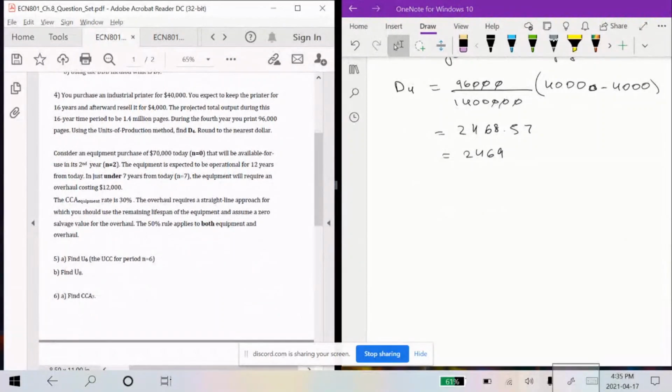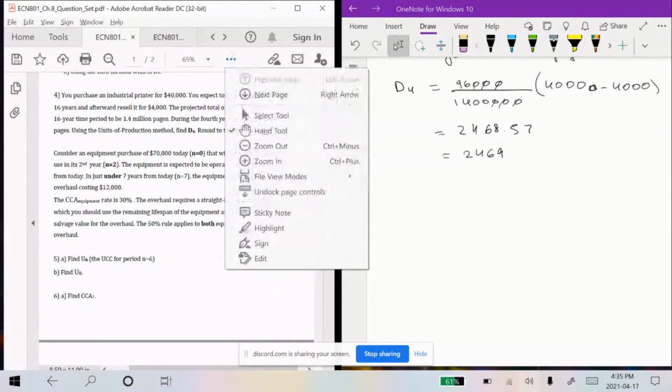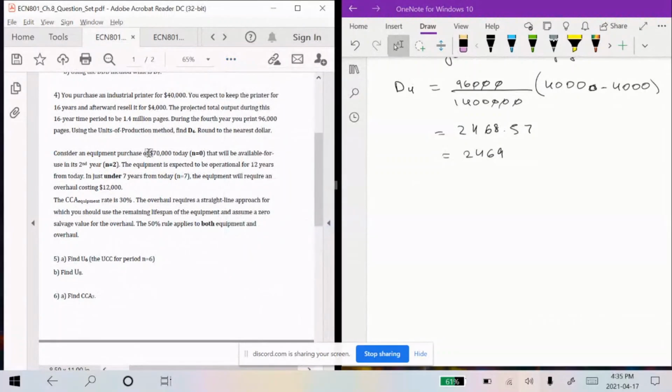In this one, consider an equipment which is of 70,000 today at N0, which will be available for use in its second year. And it's set to be operational for 12 years from today. Then at N7, it will require an overhaul costing 12,000.